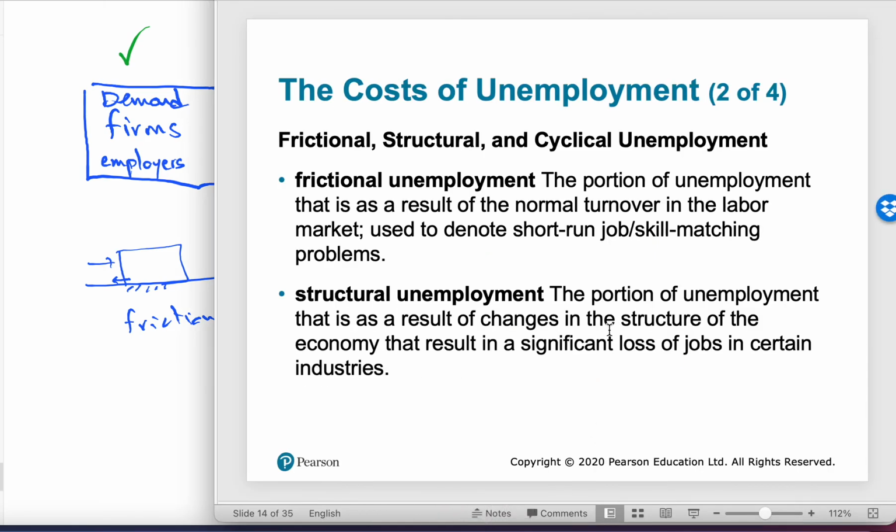The structural is a little bit more severe. It's the portion of unemployment that is a result of a change in the structure of the economy, the technological improvement. For example, when the digital cameras came, the old-fashioned photography and film development stopped. So many people who had that job were fired or laid off by the companies.